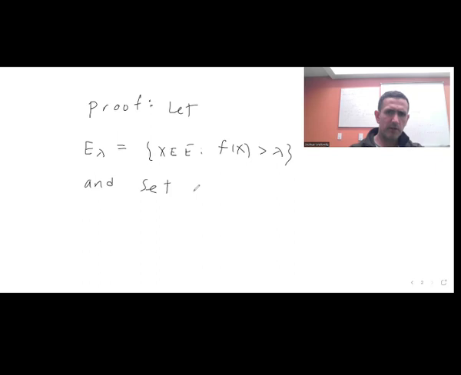Let's pick a very, very simple function, particularly just lambda times the characteristic function of E lambda, considered as a characteristic function over E. I claim that clearly lambda is positive, so this is non-negative, but I claim it's less than or equal to f. So how do I prove that?